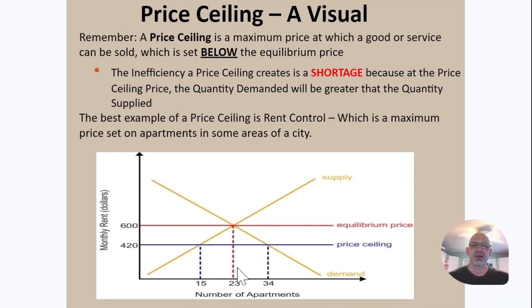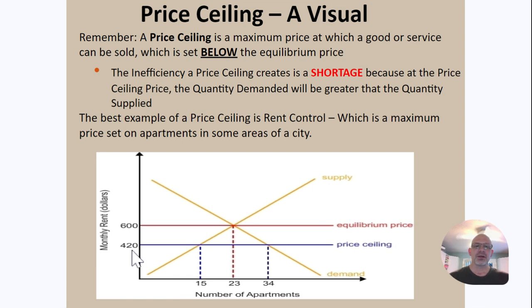At $600, our equilibrium quantity is 23 apartments. For some reason, some level of government in this scenario has decided that $600 a month is too expensive, and so it has decided that $420 a month will be the maximum price that can be charged for someone renting in this area.